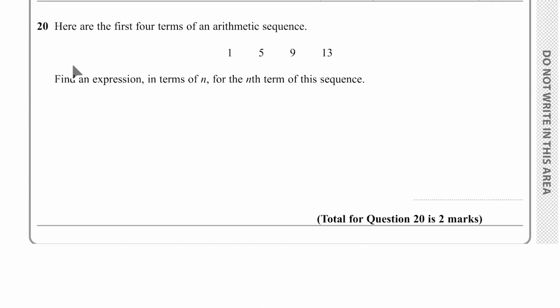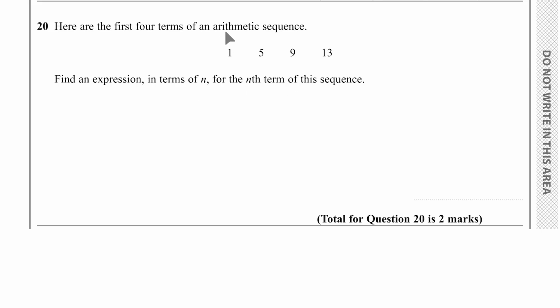Question 20. Here are the first 4 terms of an arithmetic sequence. We have 1, 5, 9 and 13. Find an expression. So that's algebra without an equal sign in terms of n for the nth term of this sequence.